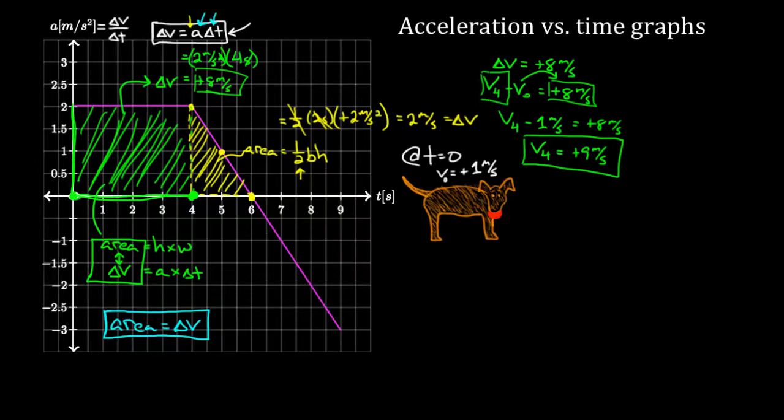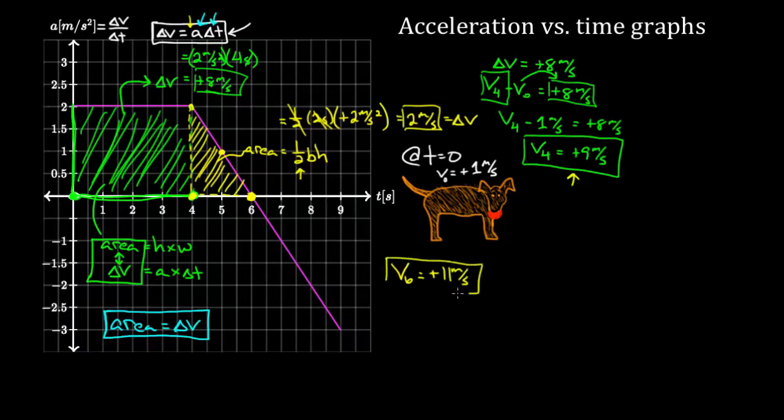For instance, if that didn't make sense, if we want to find the velocity at 6, well, we can just say we started at t equals 4 seconds with a velocity of positive 9. We started here with positive 9. Our change was positive 2, so we're going to end with positive 11 meters per second. And you might object.